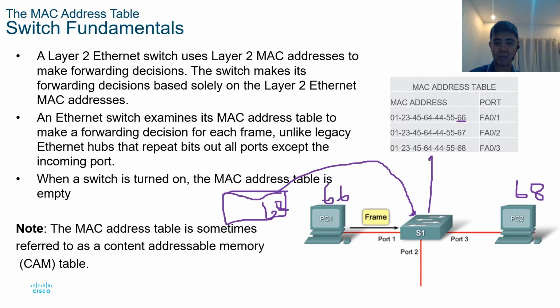And since there's a mapping of the MAC address, it sees that 68 is in port 3. So what the switch will do is to only forward it to port 3. It will never be forwarded to all. Again, we call this a unicast transmission, sending the frame specific to the destination.